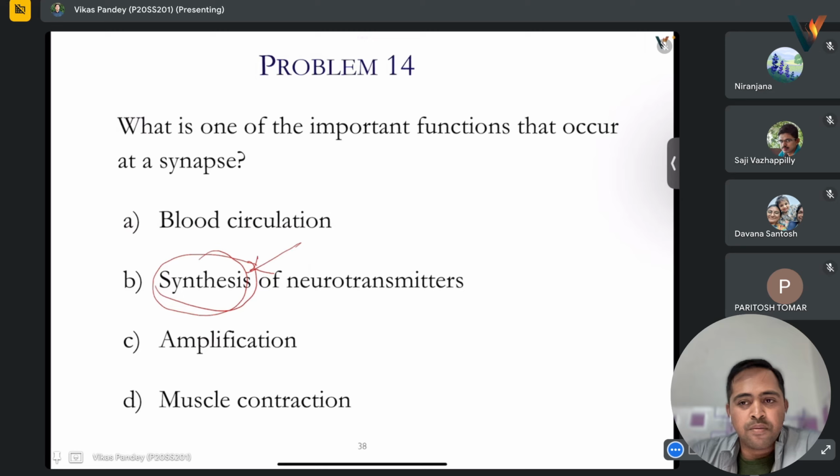It is actually amplification at the synapse. How can we explain it? Anyone aware of this amplification process? How is it happening?